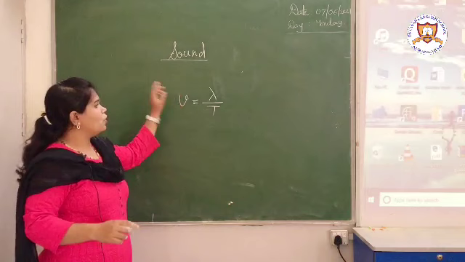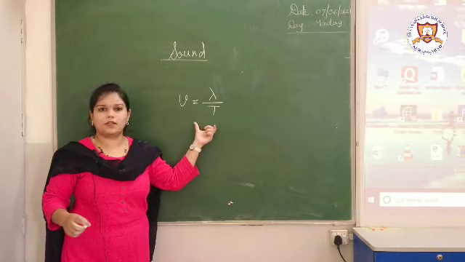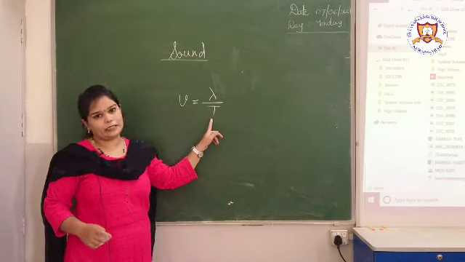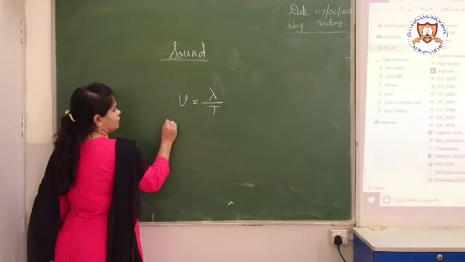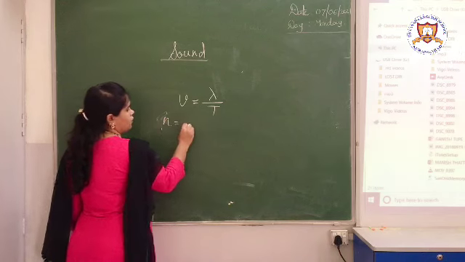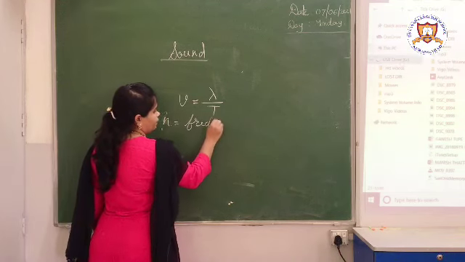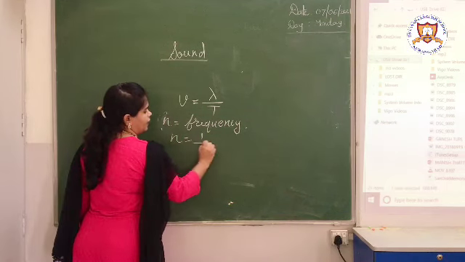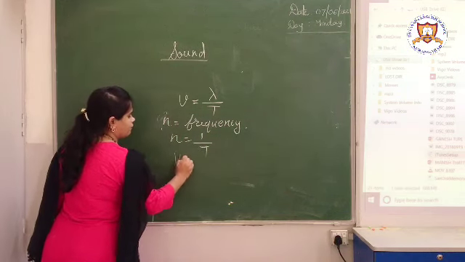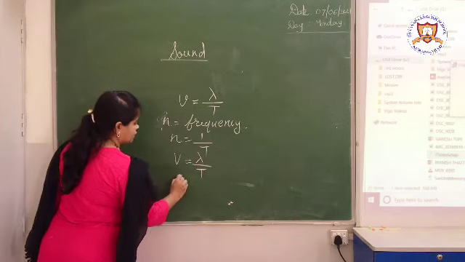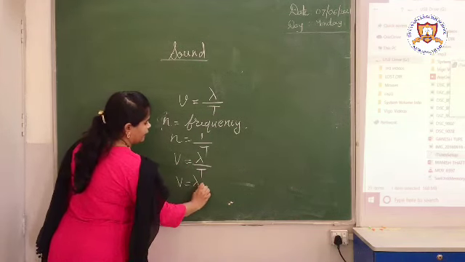We can also modify this derivation by using 1 upon T, which is nothing but frequency. So if we take n as frequency, then n is equal to 1 upon T. Well, v is equal to lambda upon T, which is nothing but v is equal to n lambda.